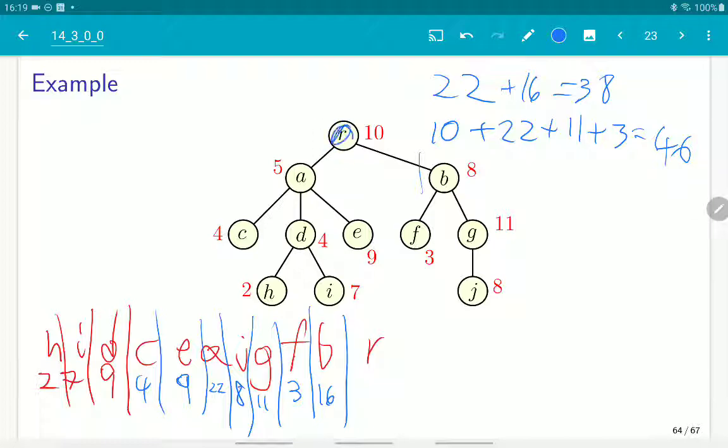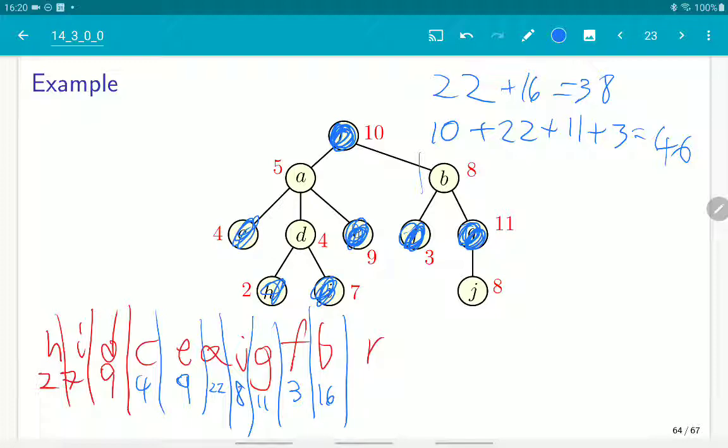Let's draw it. 10, right? We took this, we took this, we took this. Here we took this, and we took this, this, and this.